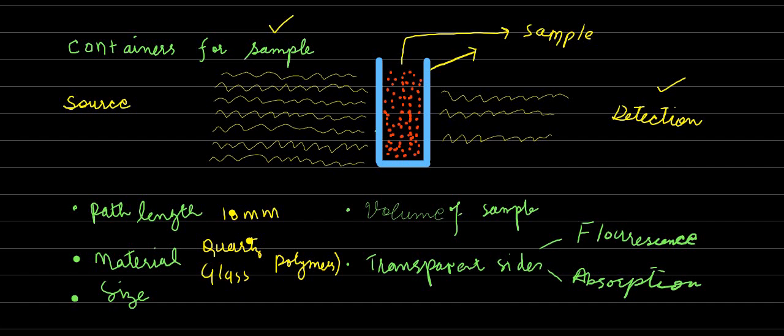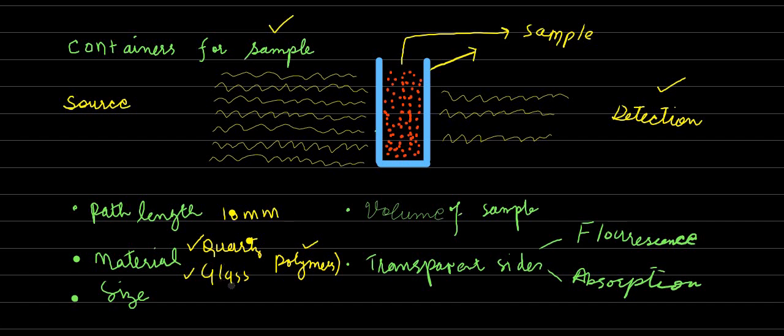The material of which these cells are made is also very important. For example, they are made of quartz, glass, and certain plastic polymers. Quartz is transparent in the UV region, in the visible region, and to some extent in the IR region as well, which means it will not absorb any radiations coming from the source in the ultraviolet and visible region.